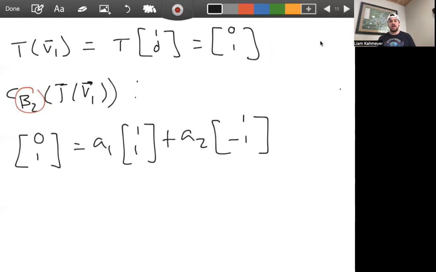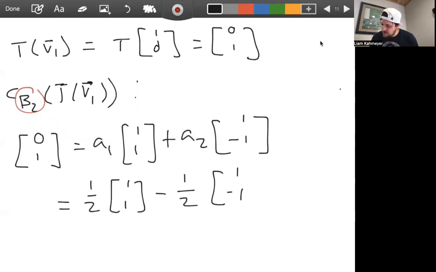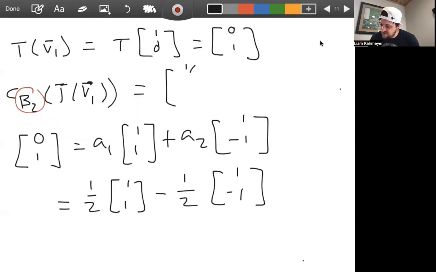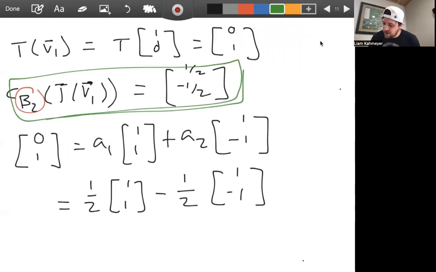That's how you find the coordinate vector in this case. And you can see if we let a1 be 1/2 and a2 be -1/2, we would get exactly what we want. So what we've learned is that C_B2 of T(v1) is equal to (1/2, -1/2). Okay, there's the first column of the transition matrix that we're looking for.